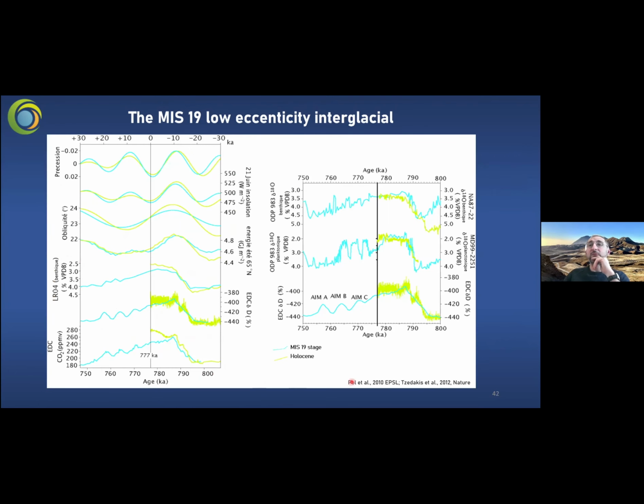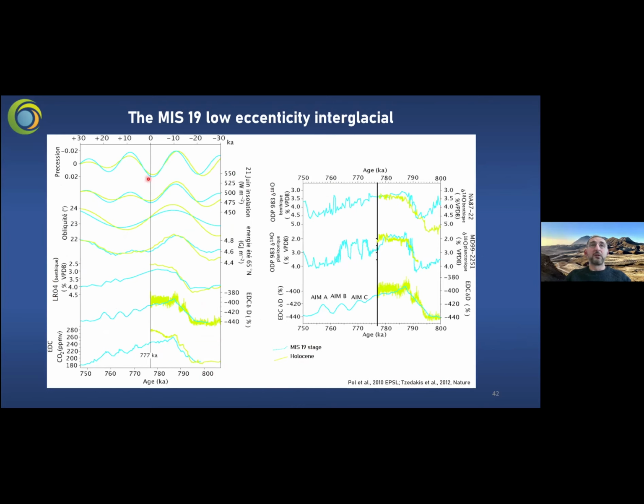This is an example of work that has been done more than 10 years ago by Kathy Paul and Chronis Tzedakis, showing how, in fact, the 2 periods, the Holocene and the MIS 19, are similar in terms of orbital solution, but also climatic evolutions. So you have in blue here the MIS 19, and of course, we have the Holocene that is in green.